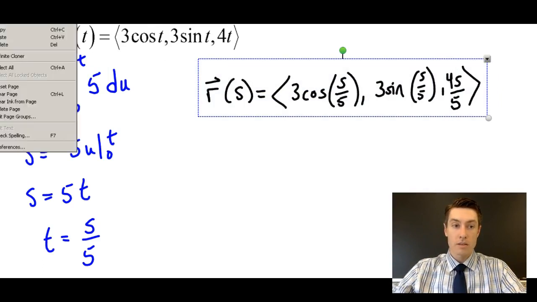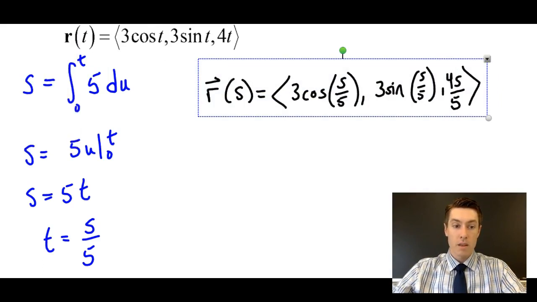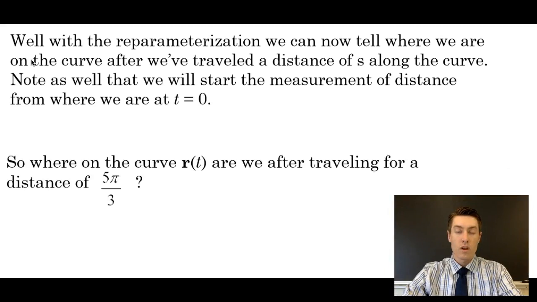And I'm just going to copy this because I know I need it on the next slide. So why take a perfectly well-defined vector valued function in terms of t and go through all of this extra work to define it in terms of the arc length s? So the situation that I'll ask you to think about as motivation is giving directions to your house. Think about giving directions to a group of people and telling them to go 5 minutes down the road and then make a right-hand turn.